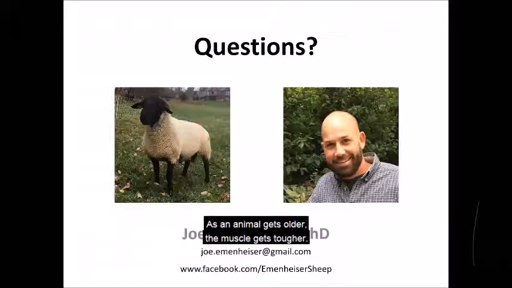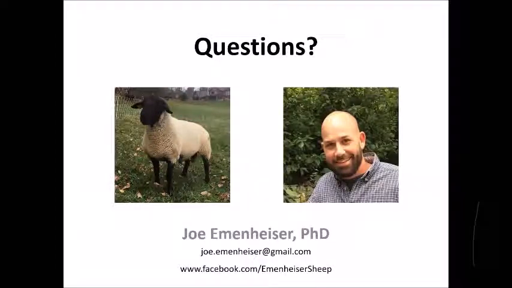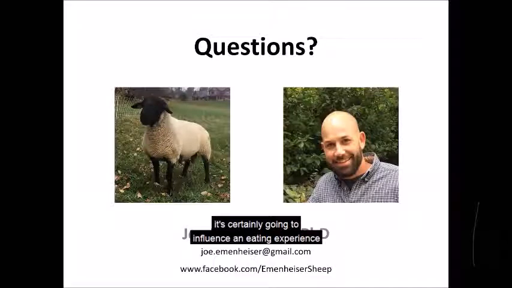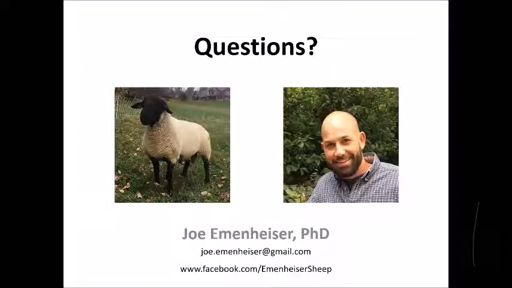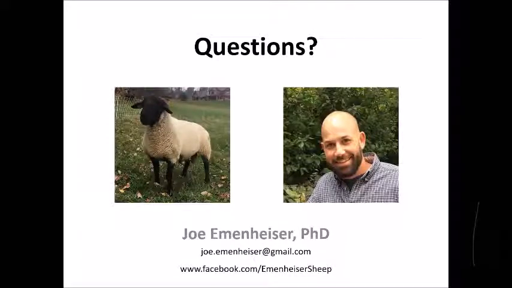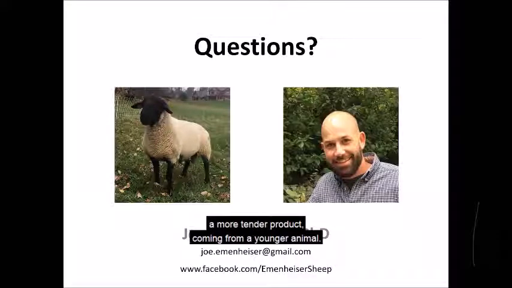As an animal gets older, the muscle gets tougher. And while that might not influence taste in the traditional sense, it's certainly going to influence an eating experience where most often a person would prefer a more tender product coming from a younger animal.